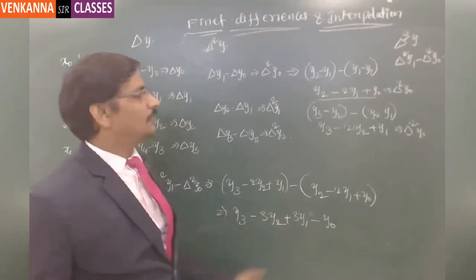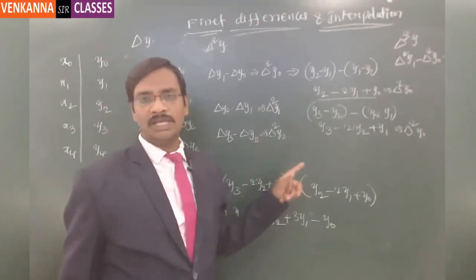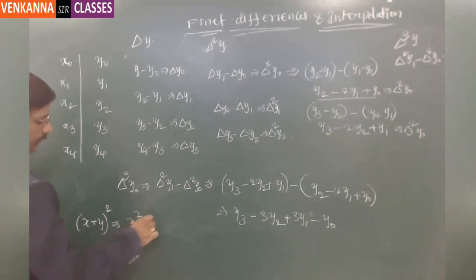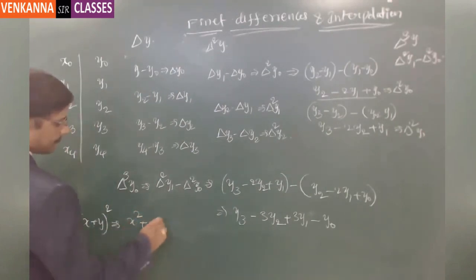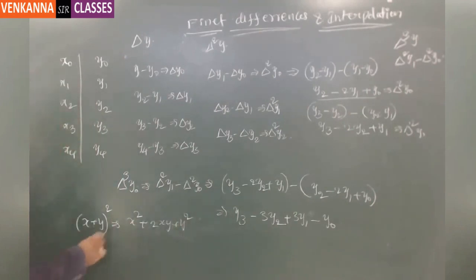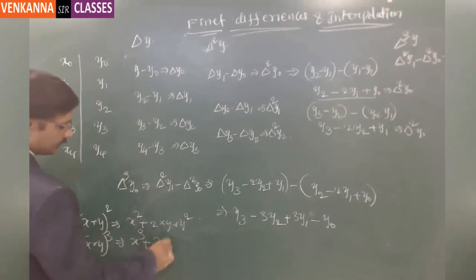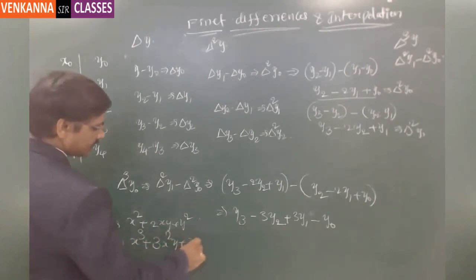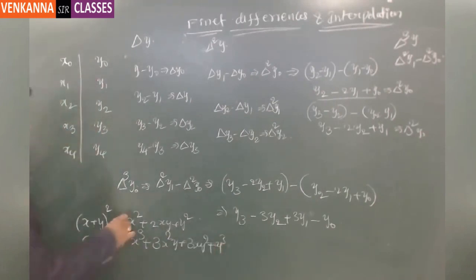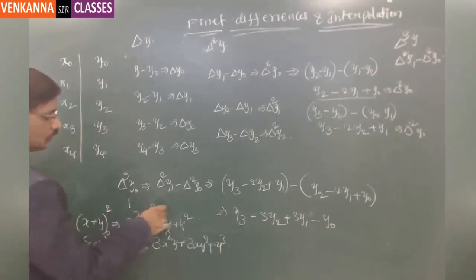Now if you try to correlate the binomial expansion here, we know that x plus y whole square is equal to x square plus 2xy plus y square, and x plus y whole cube is equal to x cube plus 3x square y plus 3xy square plus y cube. Notice the binomial coefficients 1, 2 and 1.